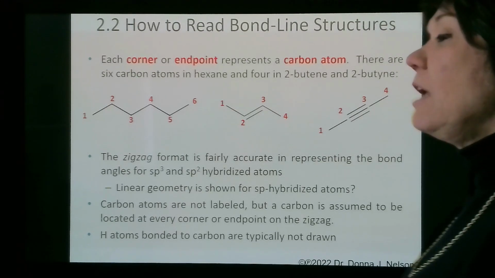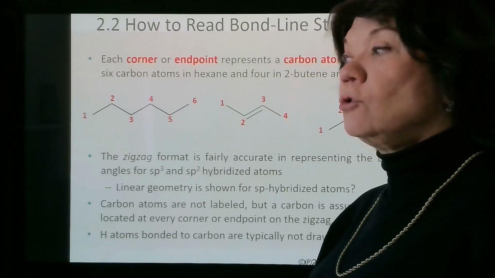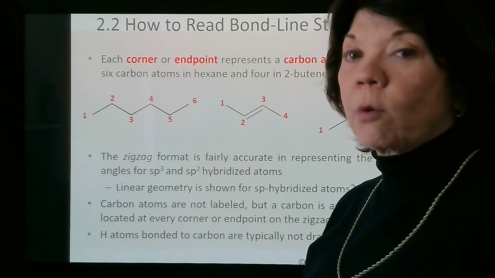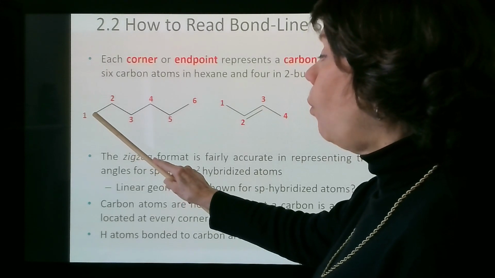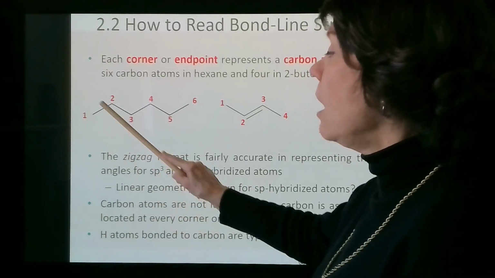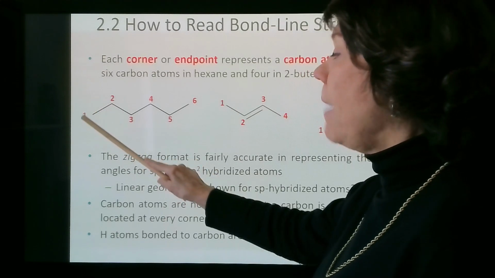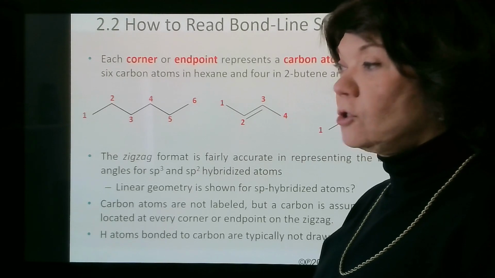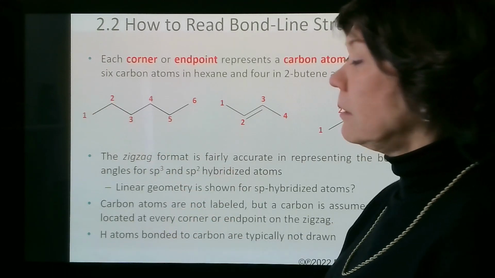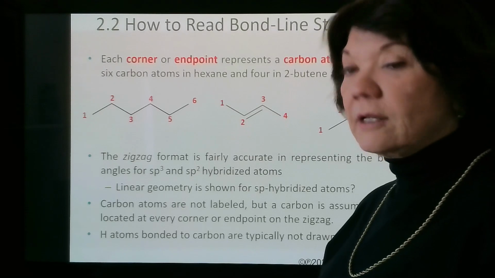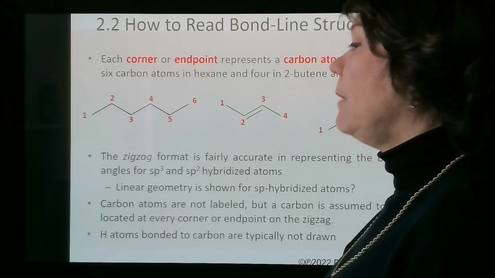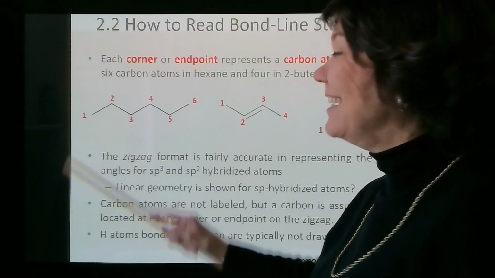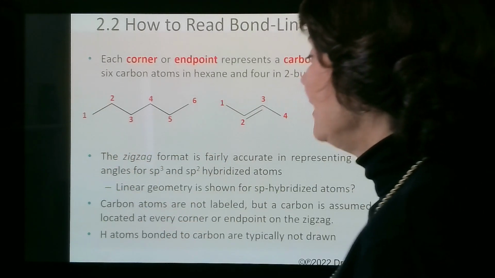And so it's left up to you, the student, to learn and therefore to know that every carbon will need to have 4 bonds. So here at carbon 1, there's only 1 bond shown. That will automatically tell you that there are 3 other CH bonds here because there's no charges and only 1 bond is shown. Since carbon always has 4 bonds in the ground state, then 4 minus 1 is 3. That tells you that there are 3 CH bonds.